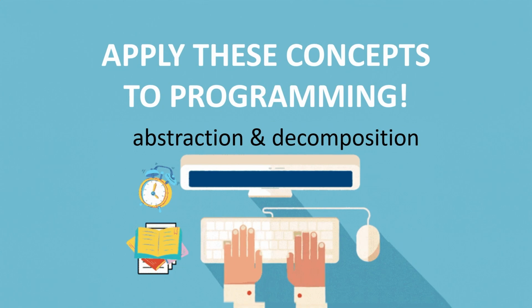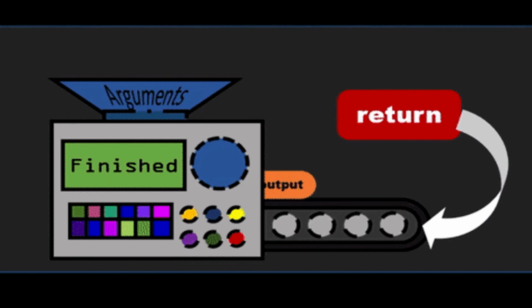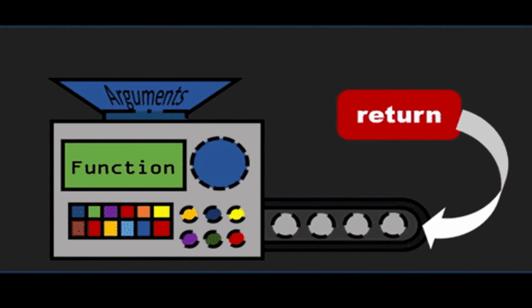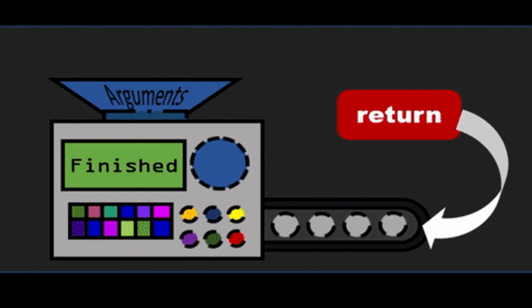So we want to apply these two concepts, abstraction and decomposition, into programming. In Python, we can achieve both abstraction and decomposition via functions and classes. Like I mentioned earlier on, a function is a set of code that we can use over and over again.